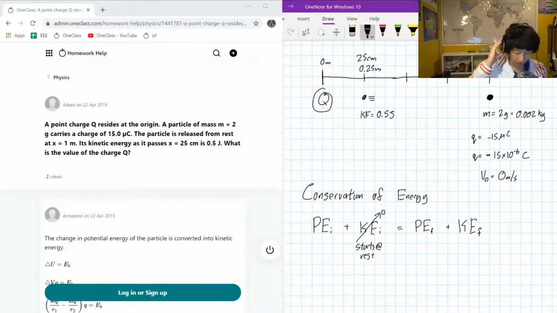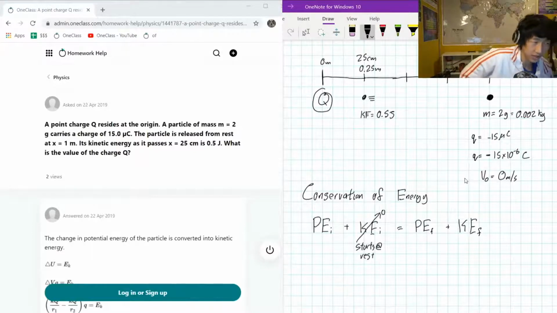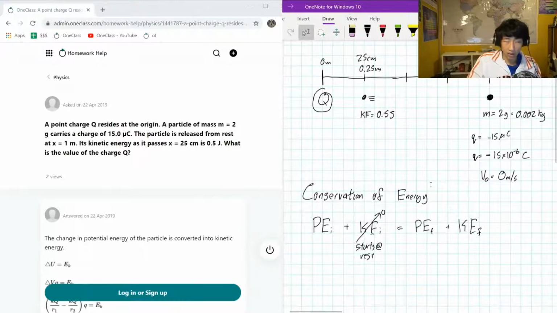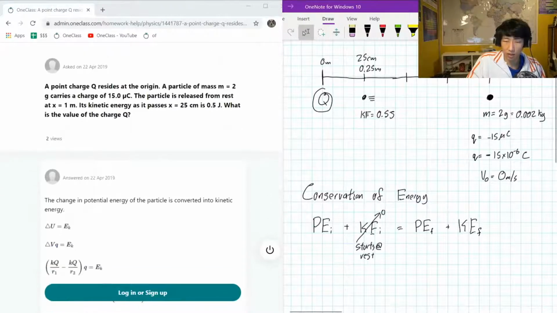And we're already given our final kinetic energy, so we don't really need to calculate that. I mean, we could calculate the speed if we wanted to, but that's not what the question is asking, so let's just focus on what the question is asking. It's pretty much just going to be the change in potential energy that results in this kinetic energy popping up. So we want to sub in the actual equations for these terms.